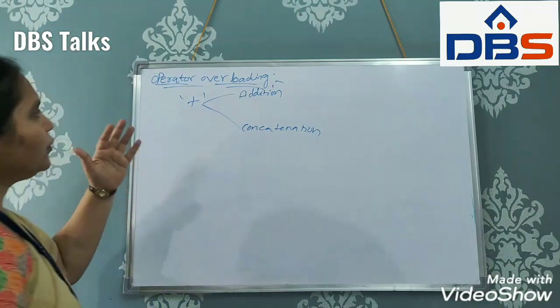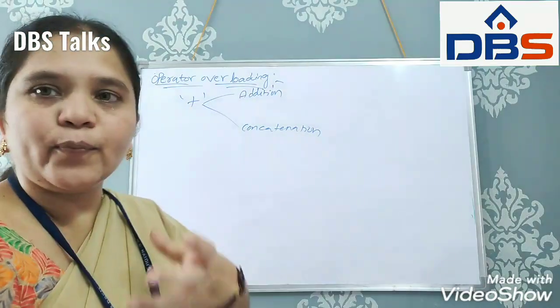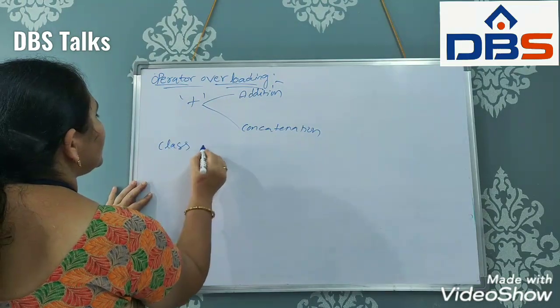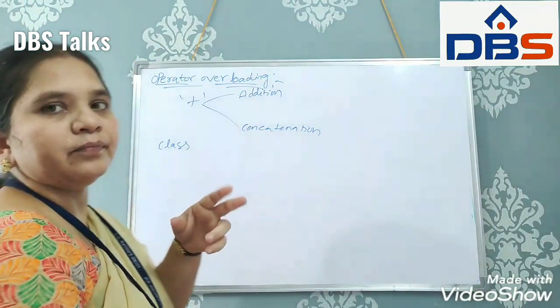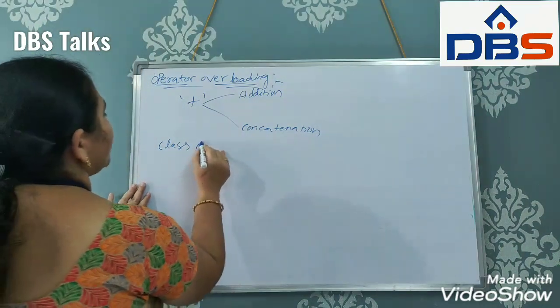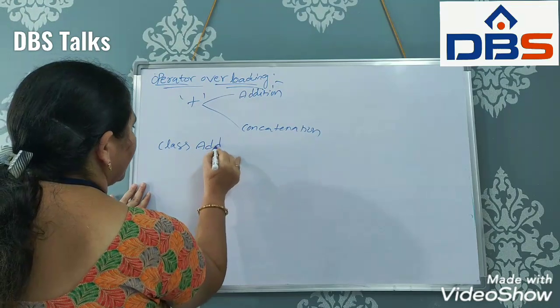So I will explain with a small program. Here I want to perform the sum of two arguments. That's why I am taking my class name as add.